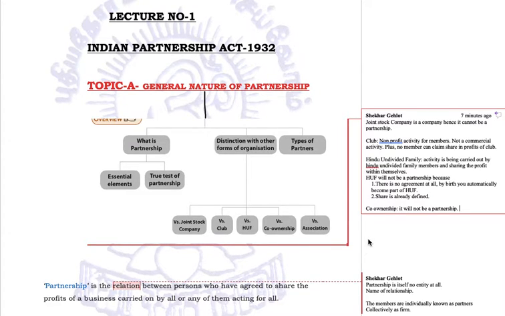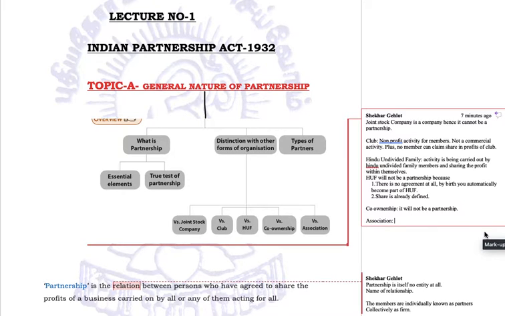Versus the association. Association itself is a very vague and very confusing word, because co-ownership is also an association, HUF is also an association, a club is also an association, a joint stock company is also an association, and a partnership is also an association. So what are we talking about? Association is a very broad term which encompasses all these features. So any association will not become a partnership.